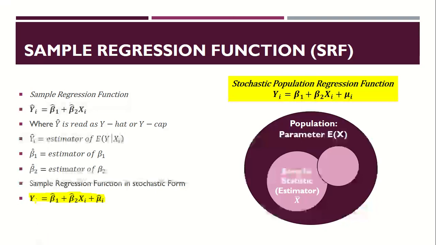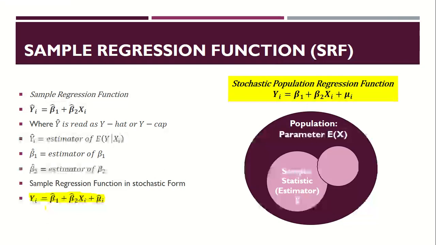This is a stochastic sample regression function where we predict y, and then we observe that y is actually a function of estimators, intercept and a slope, plus some residuals that we do expect.